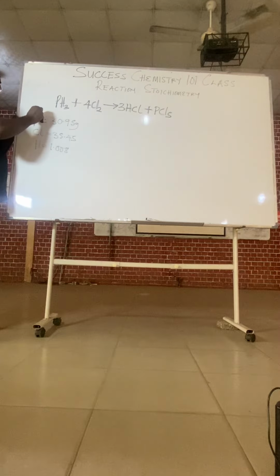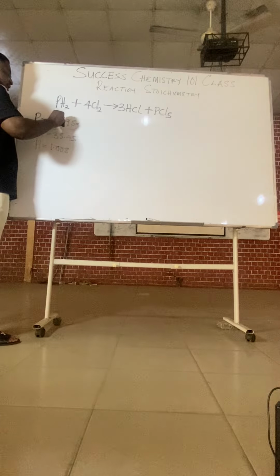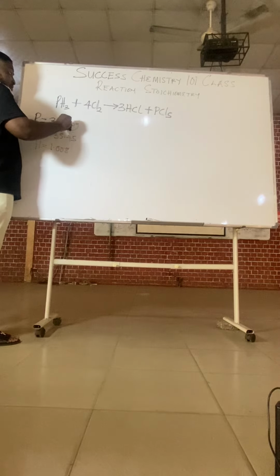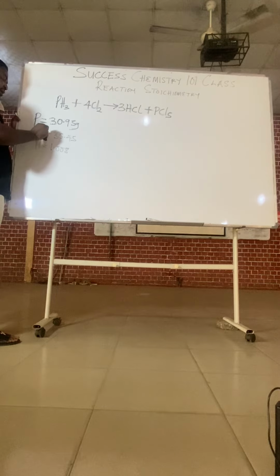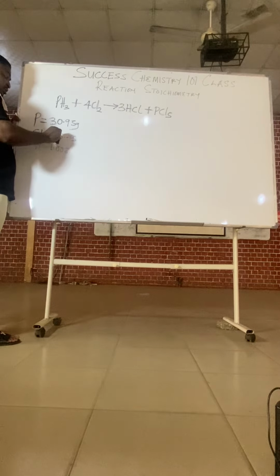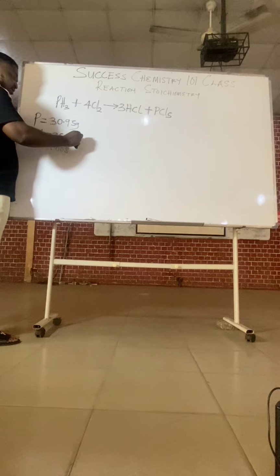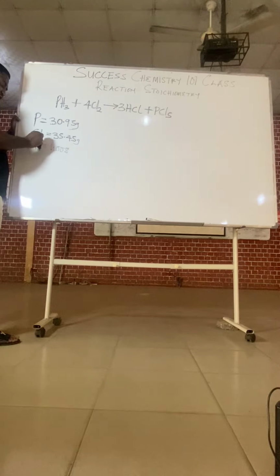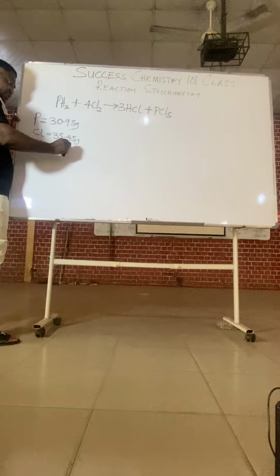Given that P is 30.95 grams, Cl is 35.45 grams, and H is 1.008 grams.